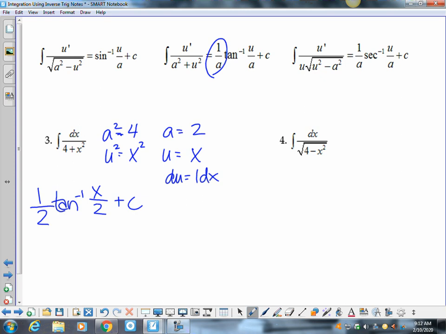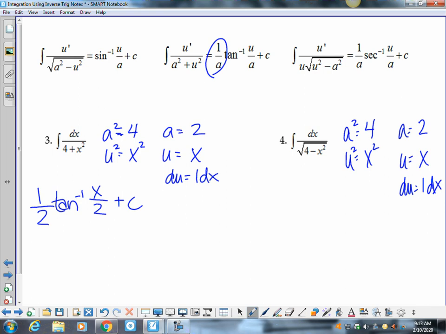Okay. 4 has the root and a minus. So what are we thinking? Sine inverse. So what's your a squared? And your u squared? So your a is, and your u is, and your du is.